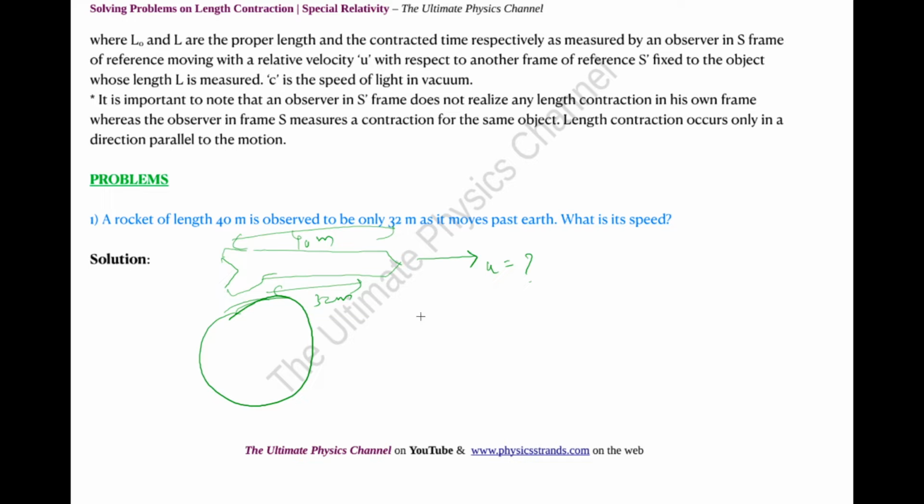So in this case, L is equal to L naught times square root of 1 minus u squared over c squared. Here L is 32 meters, the contracted length. L naught is 40 meters, the original length.